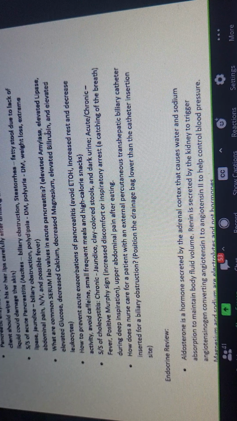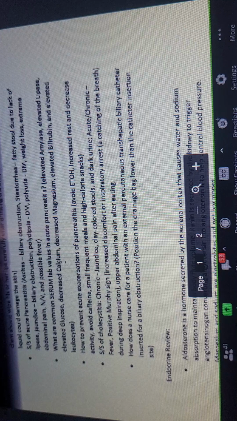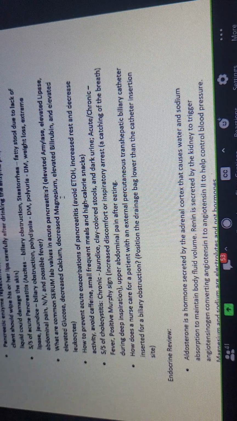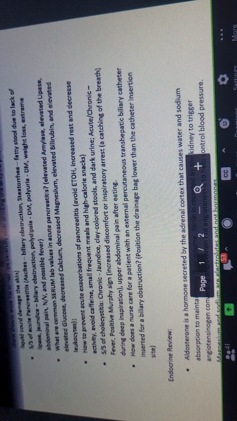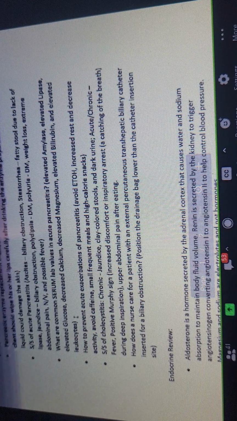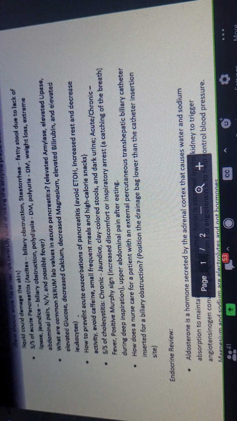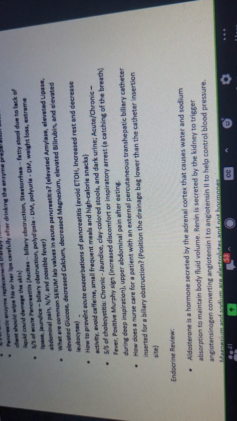You're going to have elevated amylase, elevated lipase, elevated glucose, decreased calcium, decreased magnesium, elevated bilirubin, and elevated leukocytes. It's an active infection, so therefore leukocytes, which are white blood cells, are of course going to be elevated. You wouldn't see decreased.